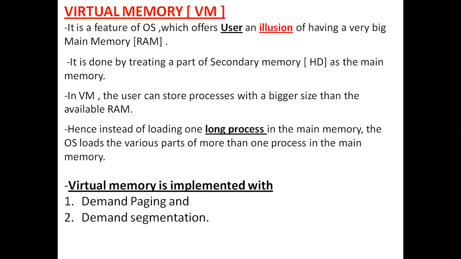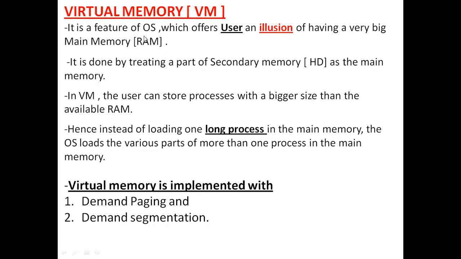So the RAM size seems somewhat larger, but that is not actually the case. When you compare the size of RAM and the hard disk, which one will be larger according to the available modules in the market? Obviously, the hard disk, in terms of GBs and terabytes.